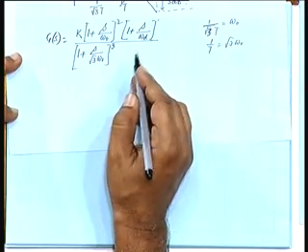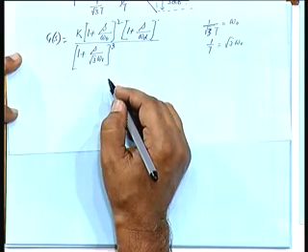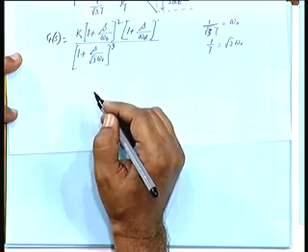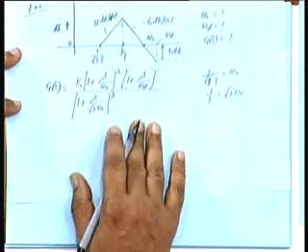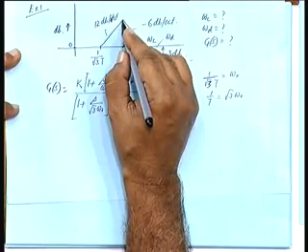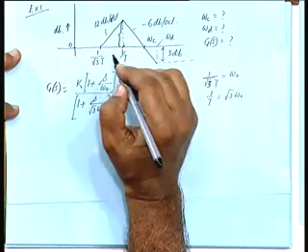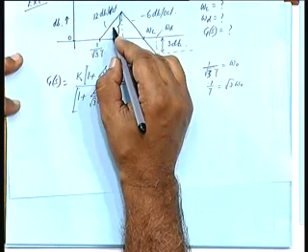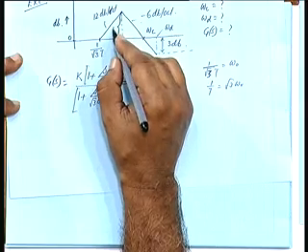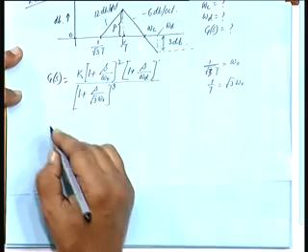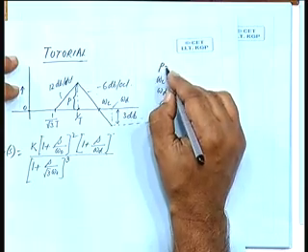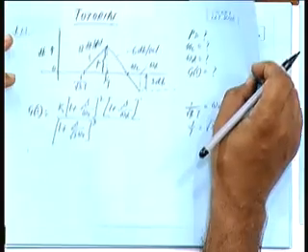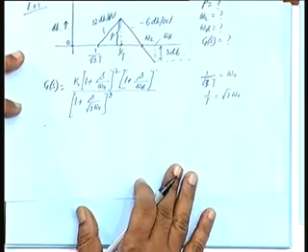Now, what would be omega d and omega c? What is this gain? This is to be calculated, all right. That is, you call it some p. What is p? So, this is also to be determined. How much is p?